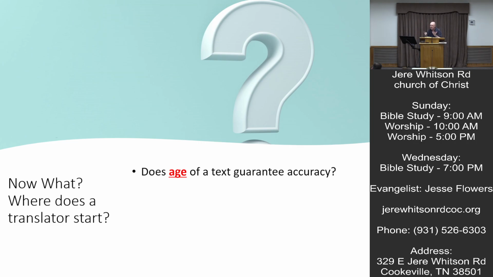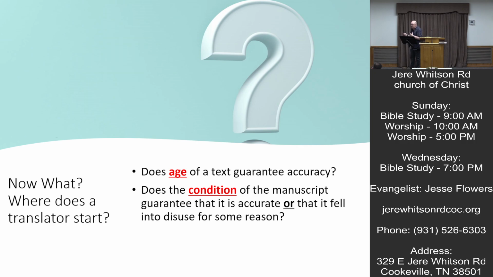But still, these are questions now that are coming into the minds of these folks we call the text critics. Does the condition of the manuscript guarantee its accuracy? I found this great. Look at that Codex Sinaiticus. Whole book, whole Bible, still holding up after all those years.